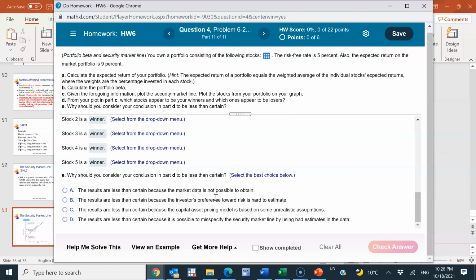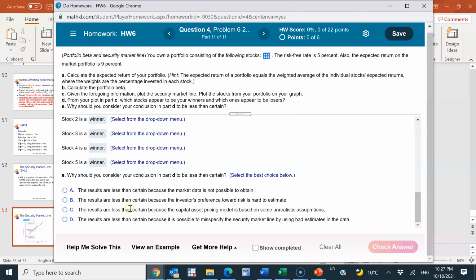But in this question, that issue is irrelevant, because we're looking at each individual stock and saying which one is a winner and which one is a loser. We're not using any investor's risk tolerance level to answer that question. We don't need that information.